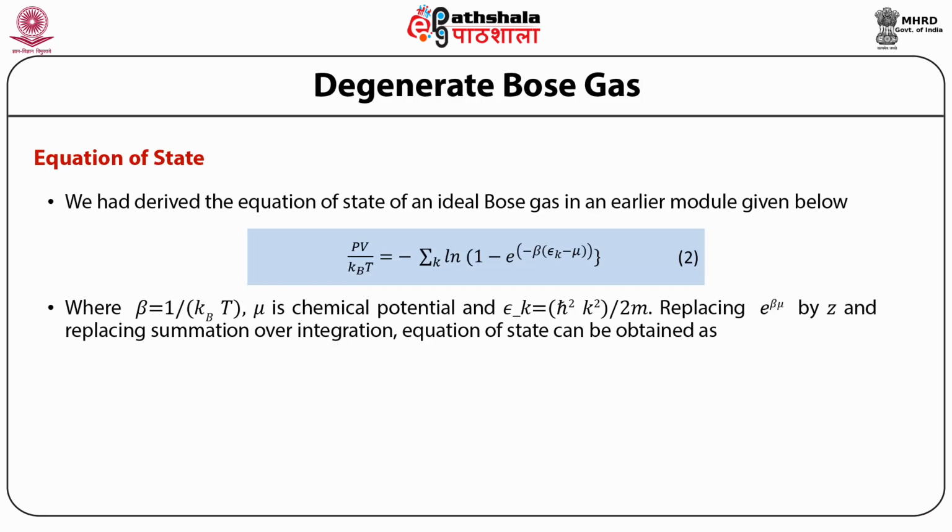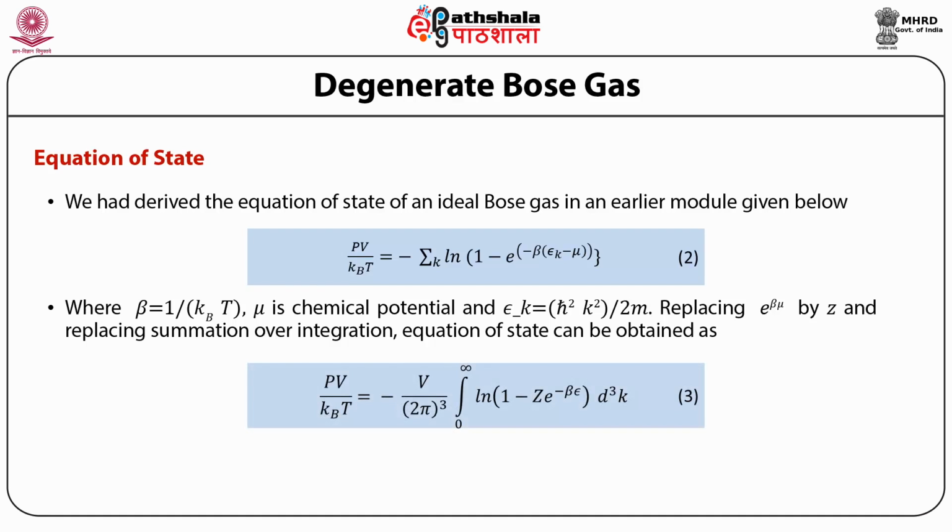Replacing e raised to power beta mu by z and replacing summation by integration, the equation of state can be obtained as PV upon kBT is equal to minus V upon (2 pi) whole cube integral from 0 to infinity log of 1 minus z e raised to power minus beta epsilon d cube k.